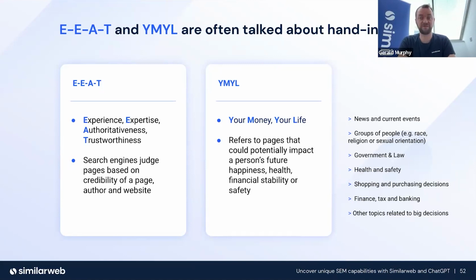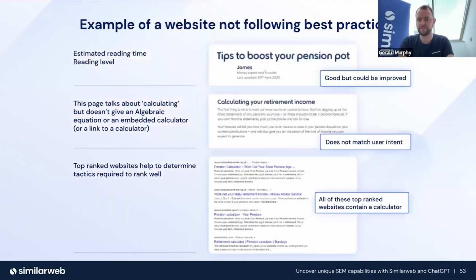Another way of looking at this is fake news, for example, versus authentic news. So if you're writing about anything around government and law, health and safety, things like shopping or purchasing decisions, that's going to be scrutinized quite significantly. So your content in particular needs to shine when it comes to EAT.